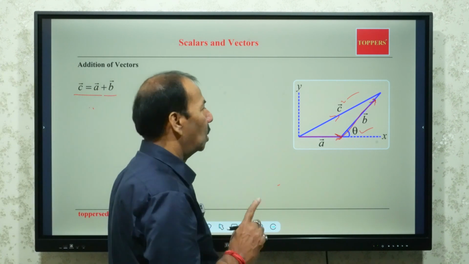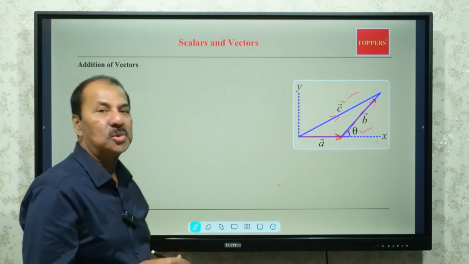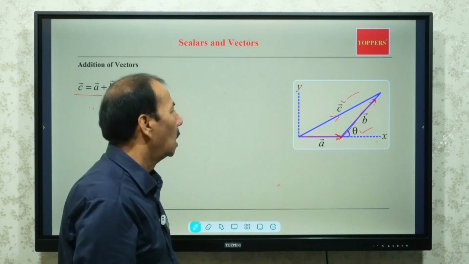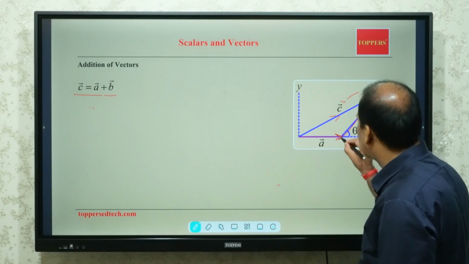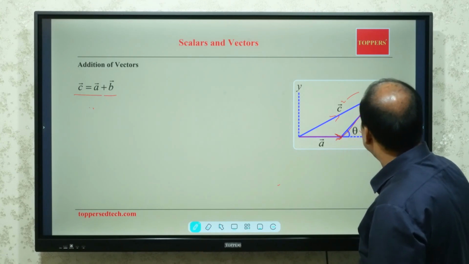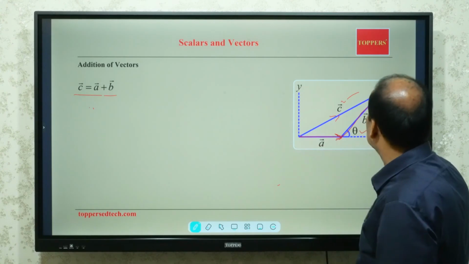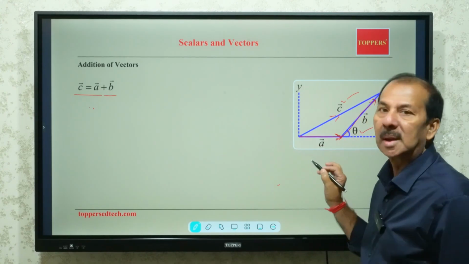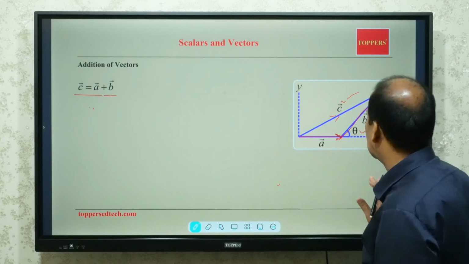The only thing is we have to always consider the condition as far as geometrical representation is concerned. The head of the first vector should be joined with the tail of the second vector, then join the tail of the first with the head of the second, and you get the resultant of the vector, that is C.